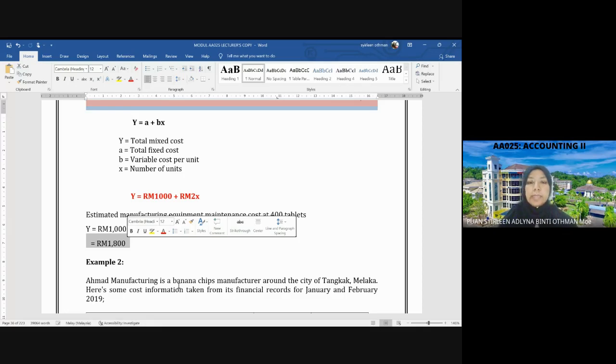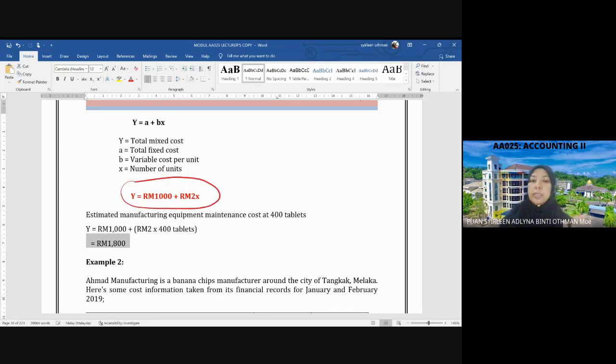Okay, so that's the purpose of having the cost function equation dekat sini. Okay, tujuan dia supaya kita boleh gantikan X tu dengan apa-apa saja volume so that kita boleh estimate maintenance cost.